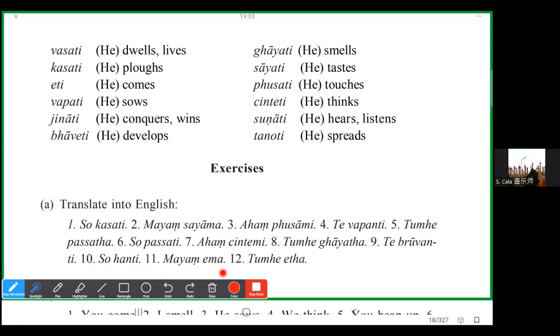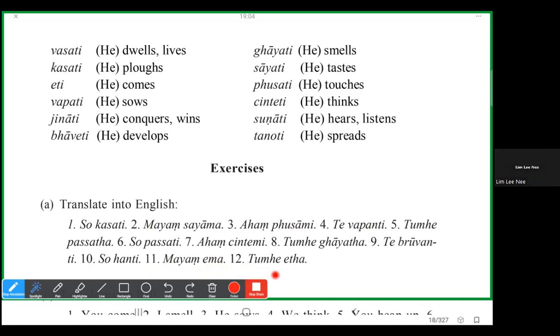Mayam Emak. All right. Next person. Mayam Emak. How about Lim Line? What's the meaning? Emak, a is what? Emak is come. Mayam, so is we. We come.